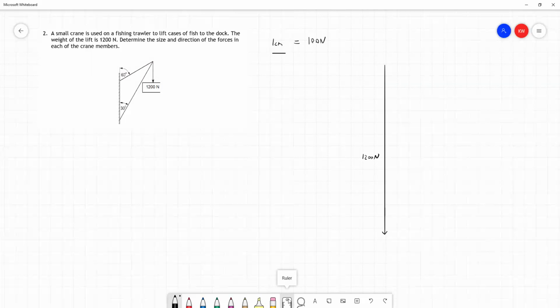Now, what we've got here is a little bit of a challenge on 2 fronts. We've got 2 other forces to add on, but we don't know how big they are, and we don't know what direction they're heading in. But we do know that whatever way we choose them round, they must make up a triangle with this line we've drawn in here.